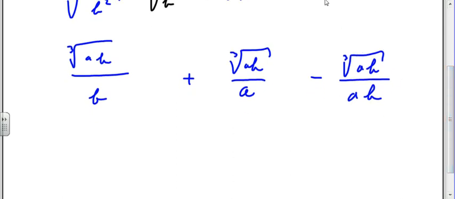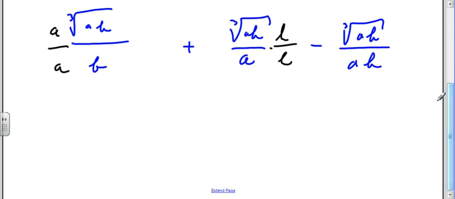Now I need a common denominator, so I can multiply both top and bottom of this guy by A, top and bottom of this guy by B. Okay, and now I've got a common denominator, that is AB.